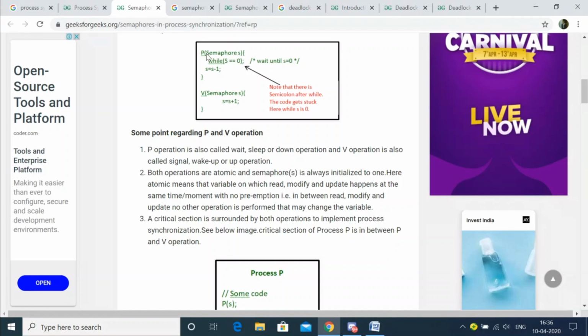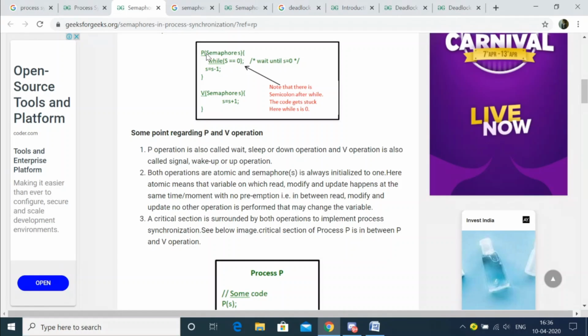P(S) is the operation, the wait operation on the semaphore S, and the bold P is the process P. That is the difference. Then V is the signal.